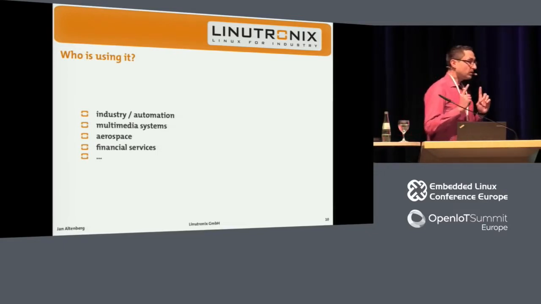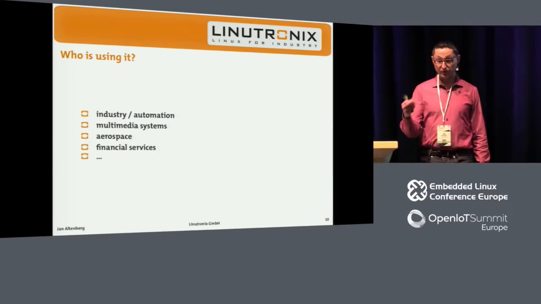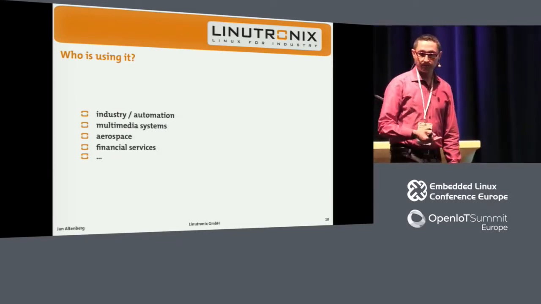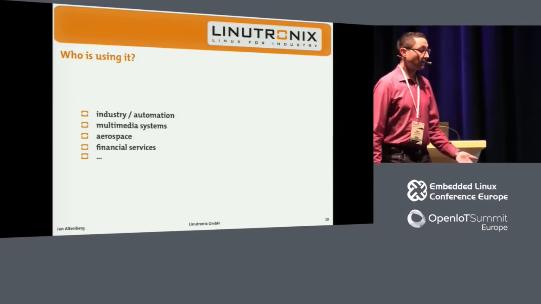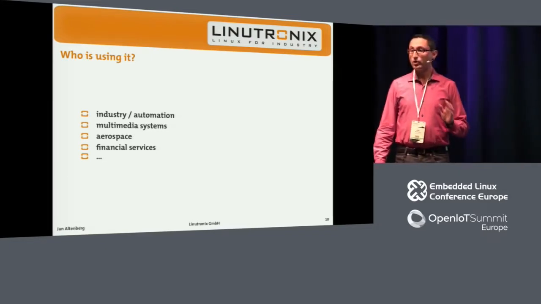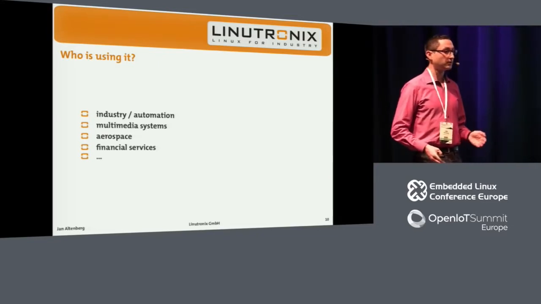Well, when you get into a new technology, the first thing you do is try to check out who else is using this at this very moment. You don't want to be the first one, right? For real-time Linux, we have many users around the world which are currently already using real-time Linux systems.